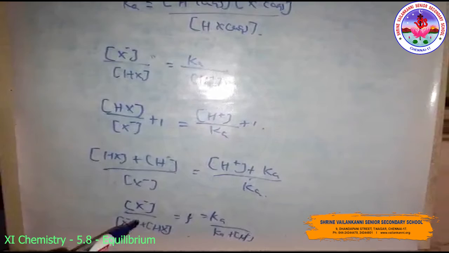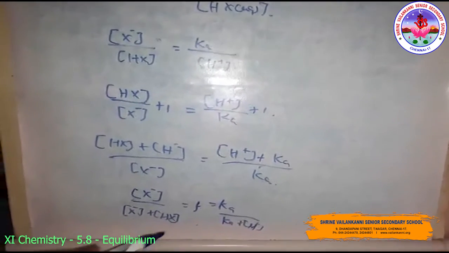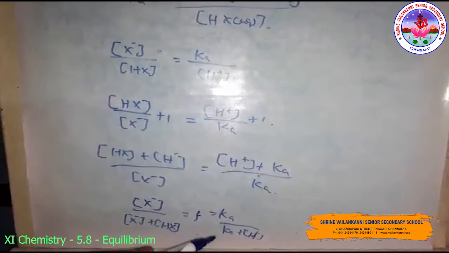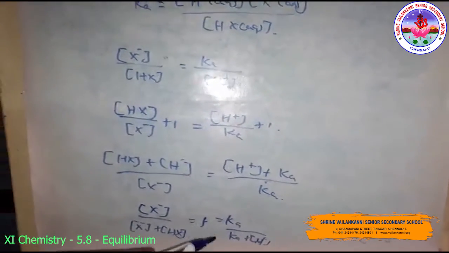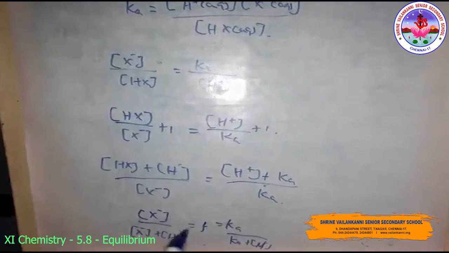So the factor F decreases as pH decreases. If S is the solubility of the salt at a given pH, then what happens?